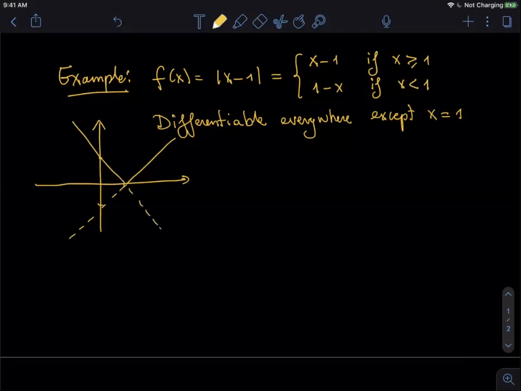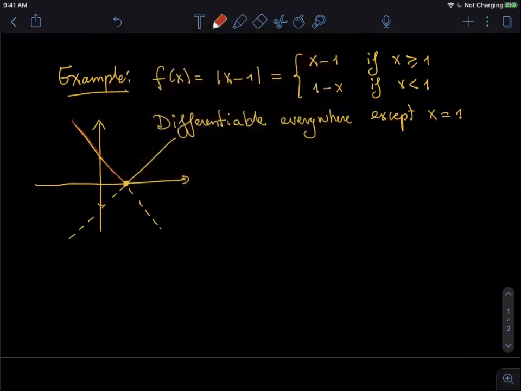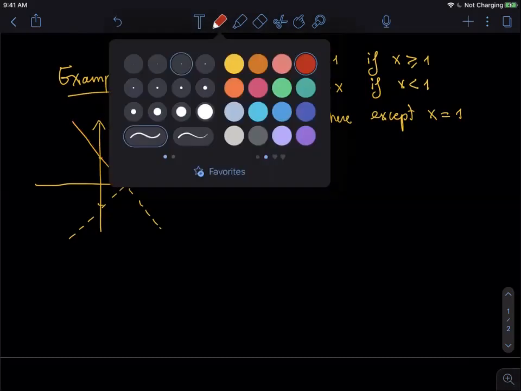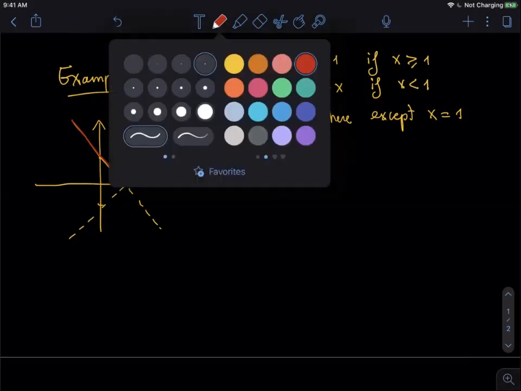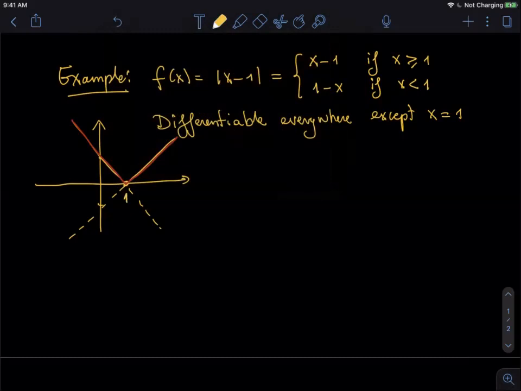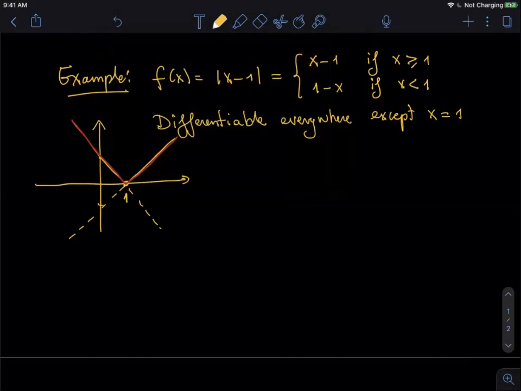And we have here the function f of x. Did you notice there is a corner at x equals 1? So this is my function f of x. So from the graph, clearly there is a problem of differentiability at x equals 1.